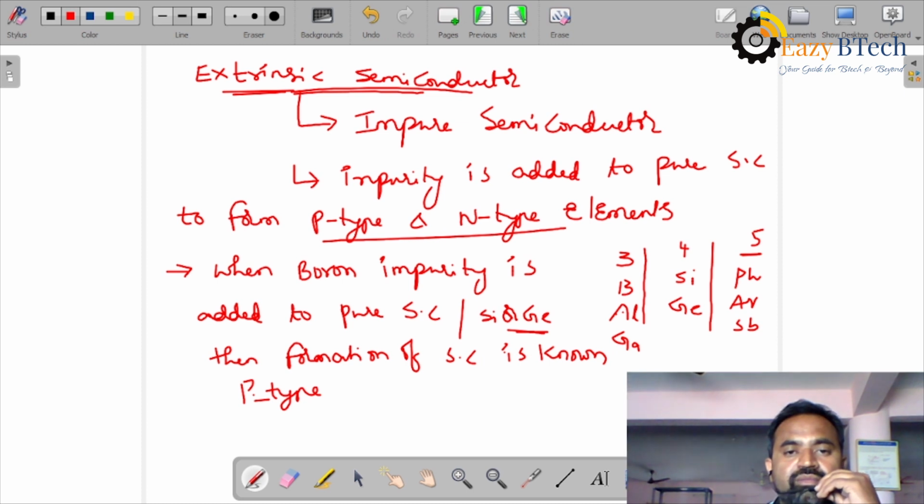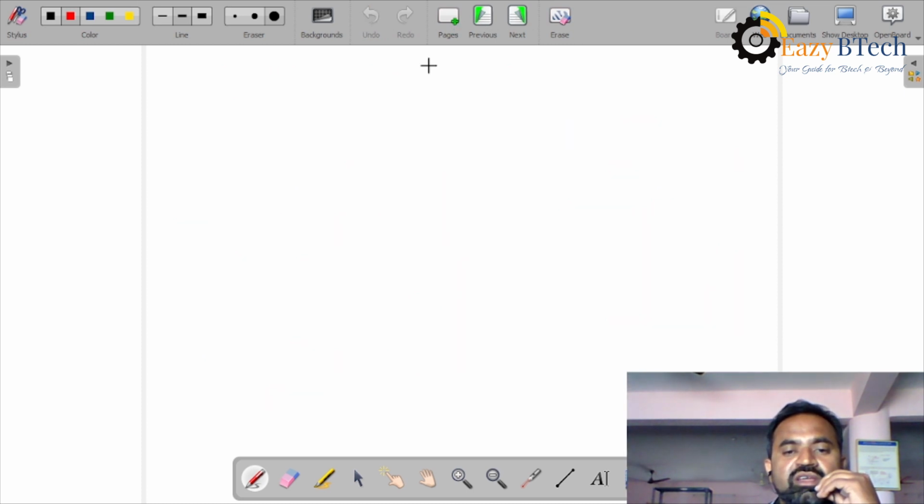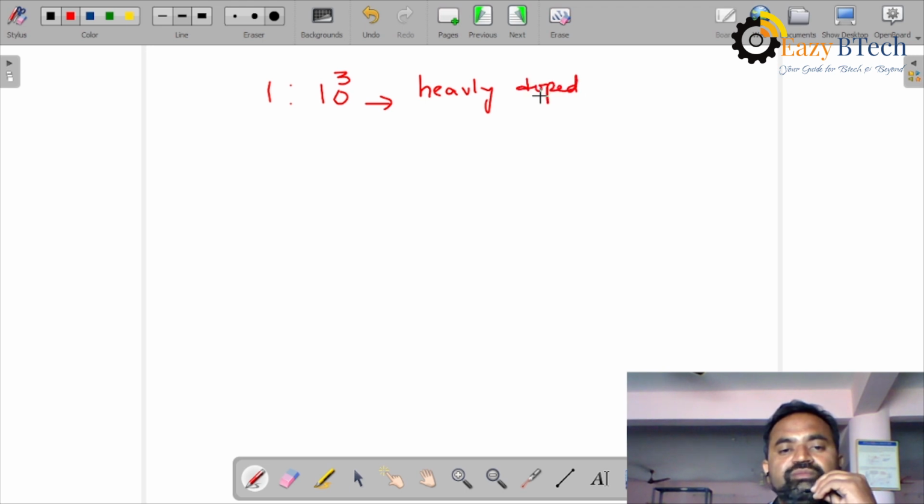Okay. On the doping concentration, when one boron impurity is added to 10 power 3, we call it heavily doped. One impurity atom for 10 power 6 to 8 is known as moderately doped.